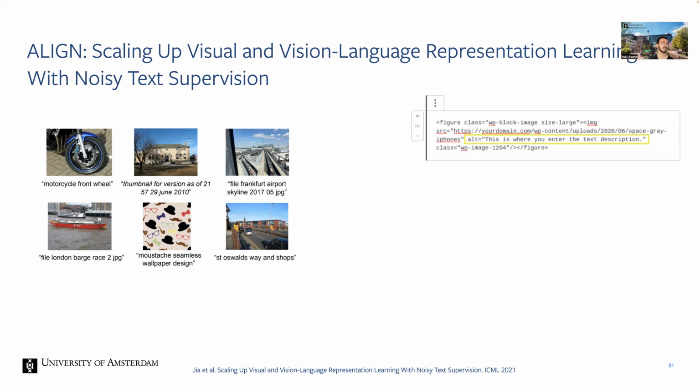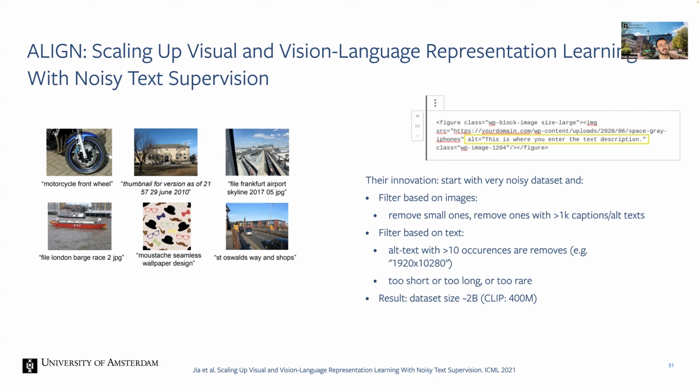But sometimes these captions can be very bad, like "file London boat race.jpeg", or "thumbnail for version as of 21". That doesn't really describe what's going on, right? So their innovation, they start with this very noisy dataset and filter it in all kinds of ways.